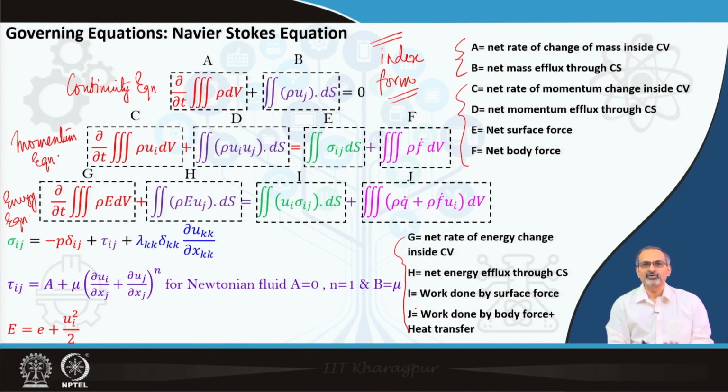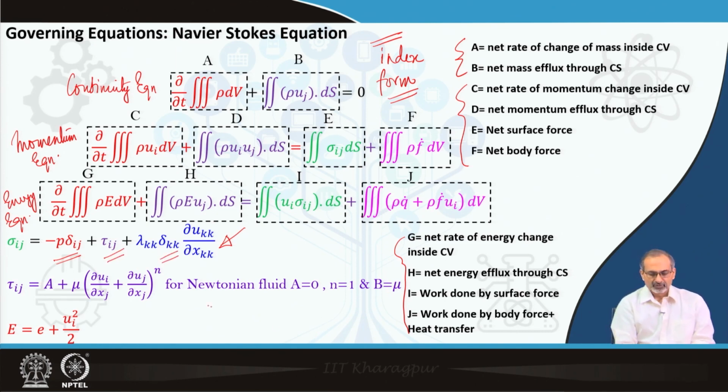So, this is the most general framework, and as you may recall, when we define the sigma ij term, which figures in the momentum equation as well as the energy equation, this is the most general form involving the effect of pressure, the viscous stresses and the bulk modulus.